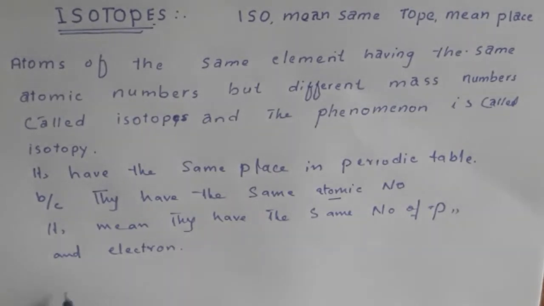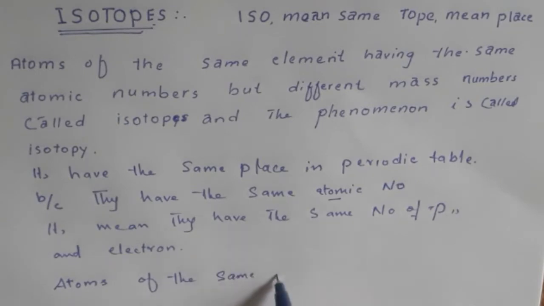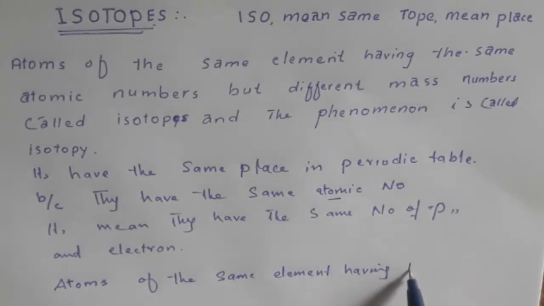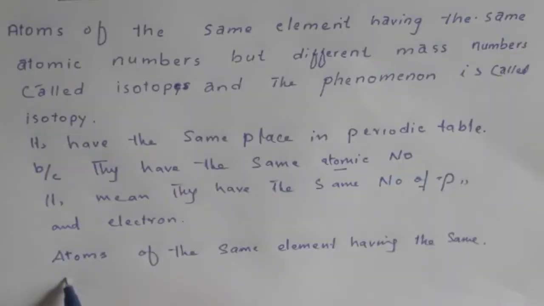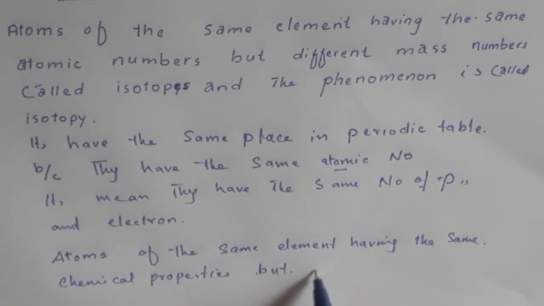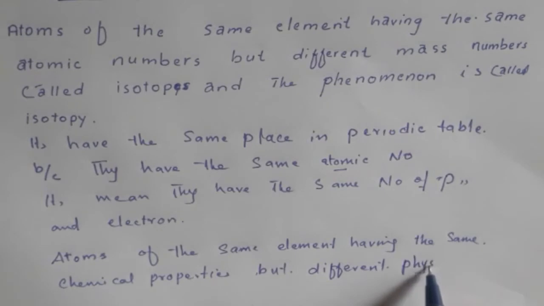So it can also be defined as atoms of the same element having the same chemical properties but different physical properties, called isotopes.